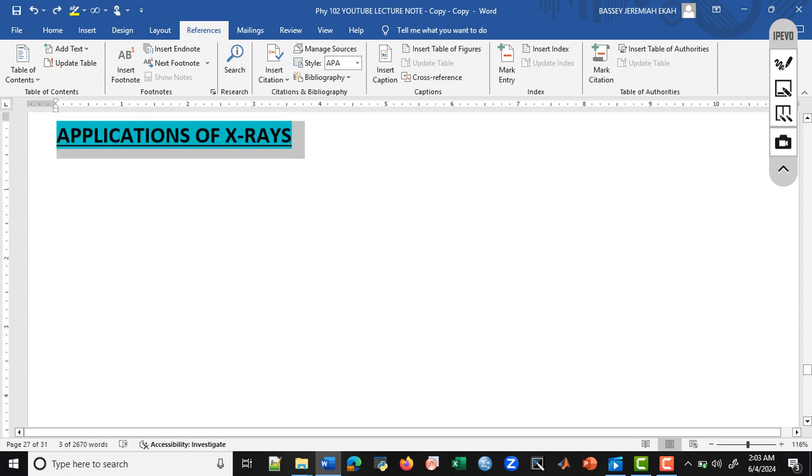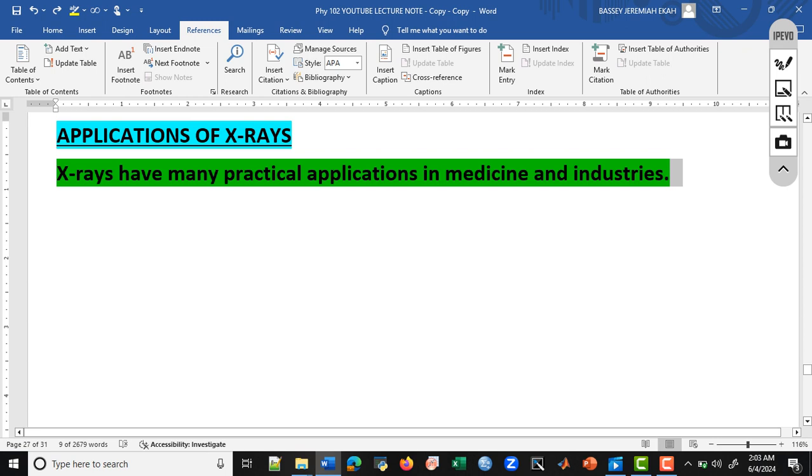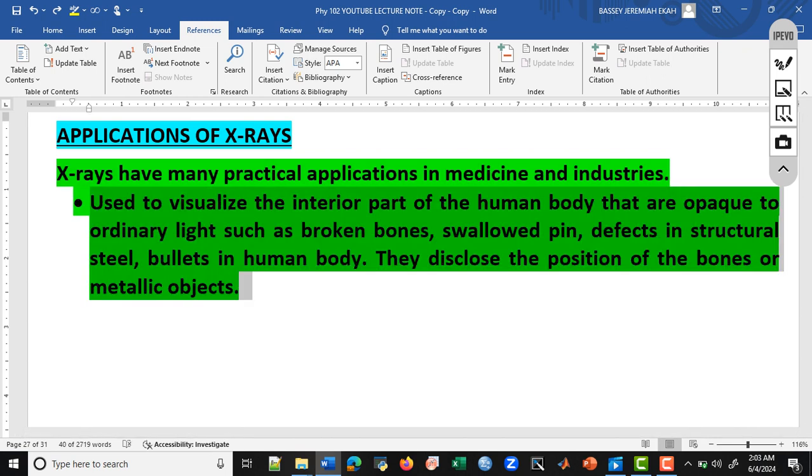X-rays have many practical applications used to visualize the interior parts of the human body that are opaque to ordinary light, such as broken bones, swallowed pins, defects in structural steel, bullets in human body. They disclose the position of the bones or metallic objects.